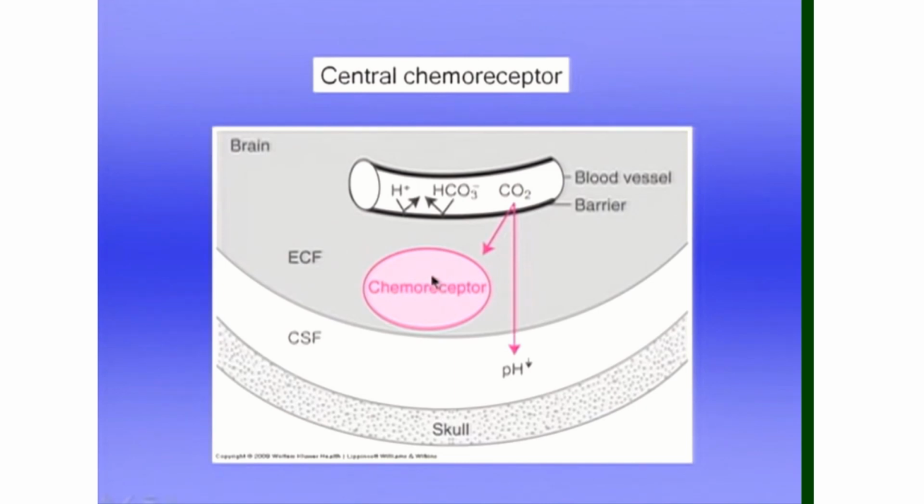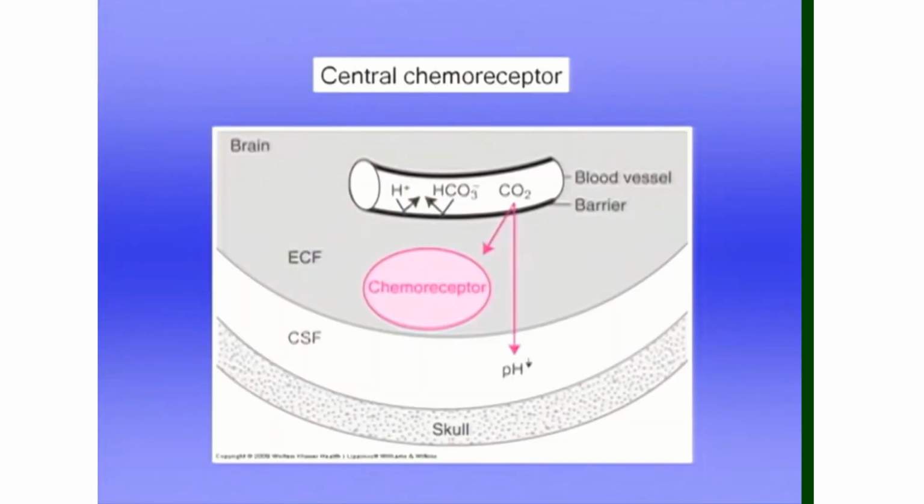In fact, the central chemoreceptor is responsible for most of the minute-by-minute control of ventilation over the 24 hours. The central chemoreceptor responds to pH in the extracellular fluid, which essentially is the pH of the cerebral spinal fluid, CSF. We can't get at the extracellular fluid easily, but the cerebral spinal fluid is easily looked at.